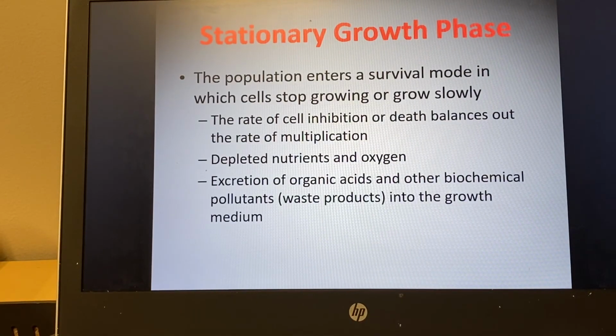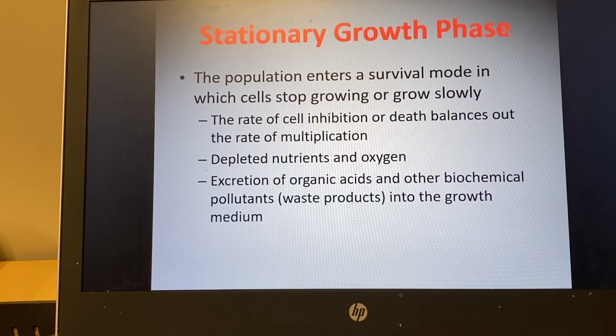Okay, then invariably the bacteria is going to get to the point where things aren't so great. We're running out of nutrients, waste products are starting to build up. So it's not horrible yet, but it's kind of getting there. This is where the number of cells being produced equals the number of cells that are dying, so it becomes a flat line.